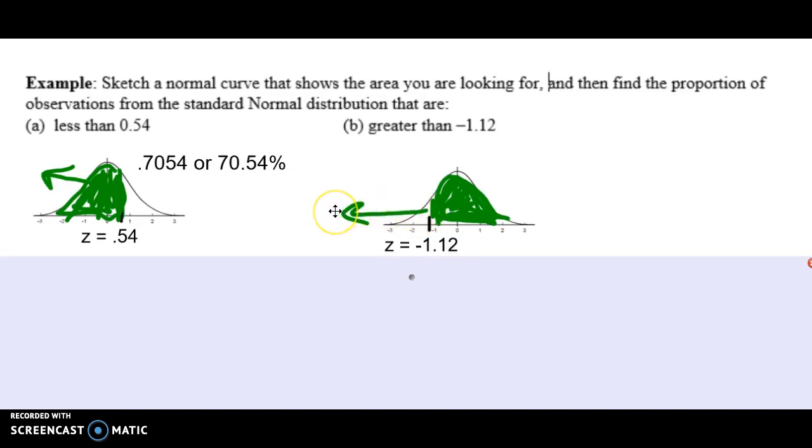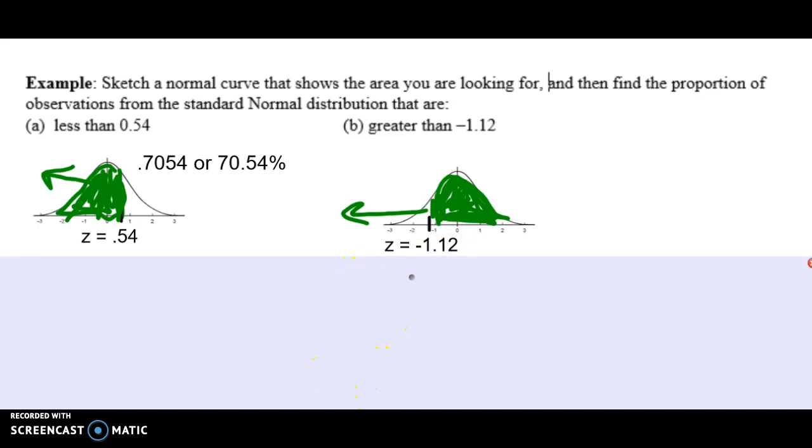We're going to do the same thing for this one, but it's a little more complicated because remember, the table always talks about the area to the left. So when we look at the z-score of negative 1.12, it's going to give us the percent corresponding to this unshaded area. So in order to find the area on the other side, we would, you guessed it, subtract this tiny piece from 1, and that will give us the green area.